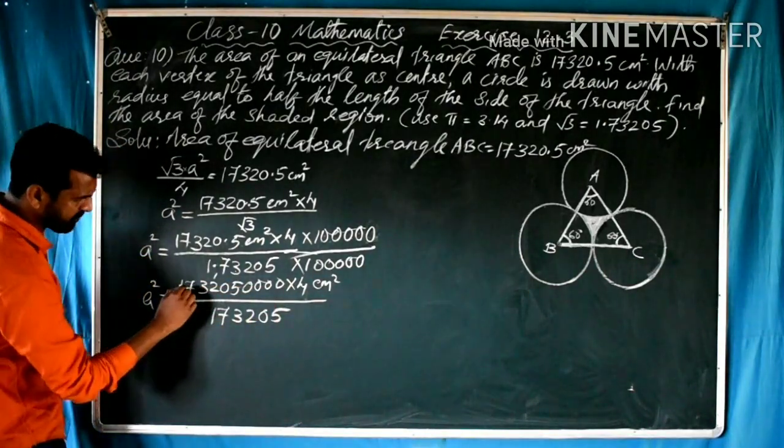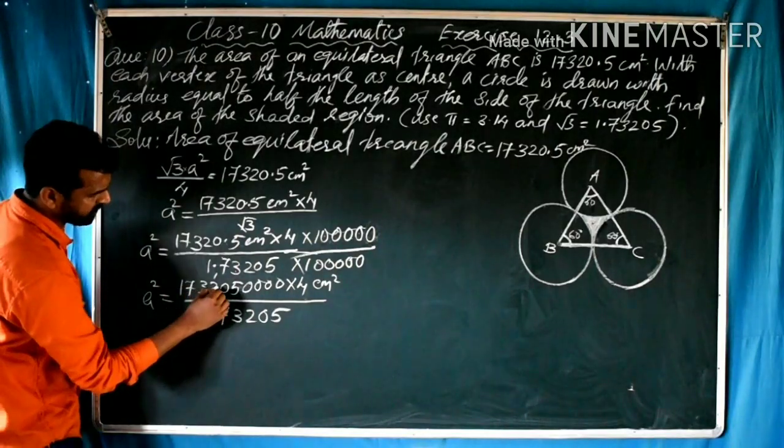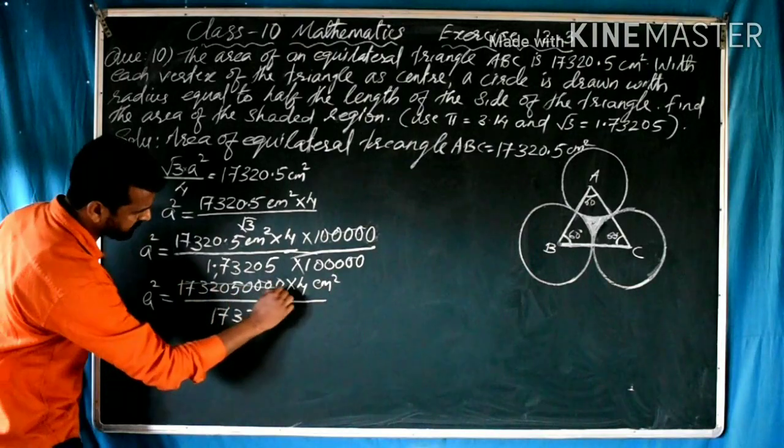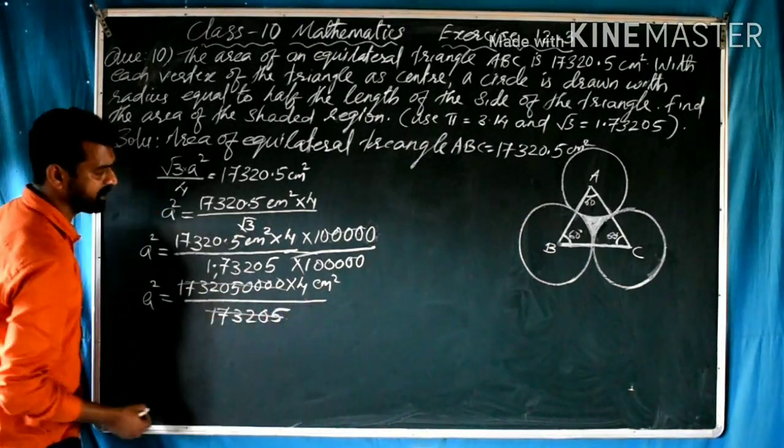Now we can cancel this 1,73,205 with the 1,73,205 here.